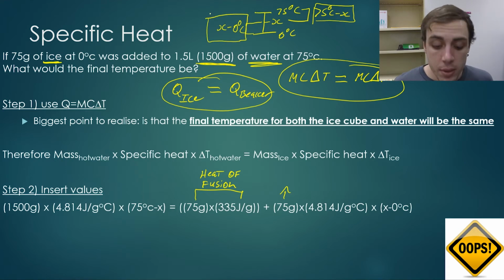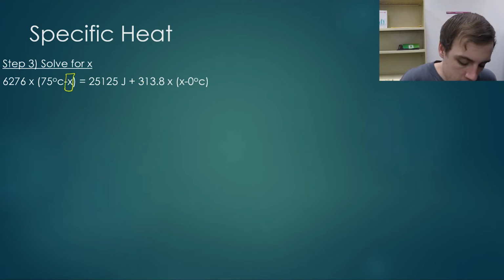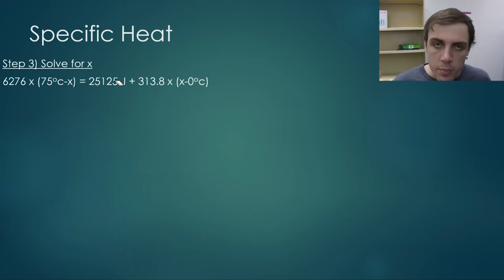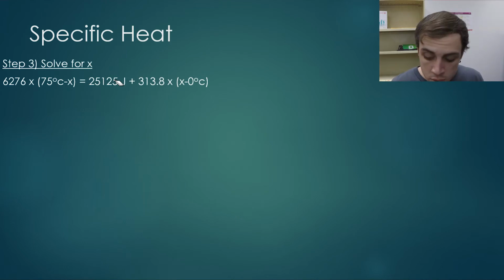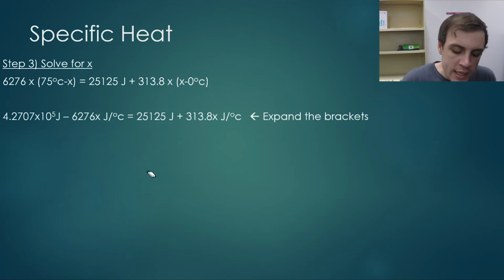Now, our next step is to solve for X. We know that X is going to be the same on both of our sides, here and here, so now we need to rearrange and solve. Be careful here, this is where it is so easy to make a simple mistake. Our first step is to expand the brackets.